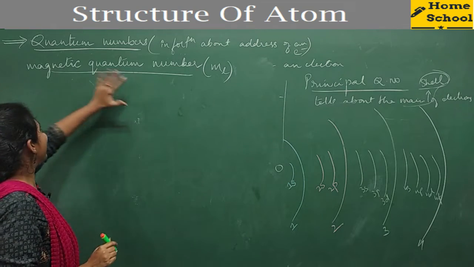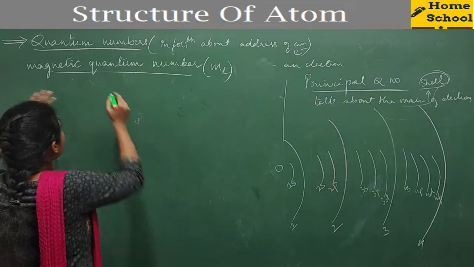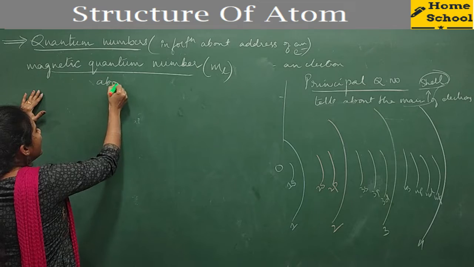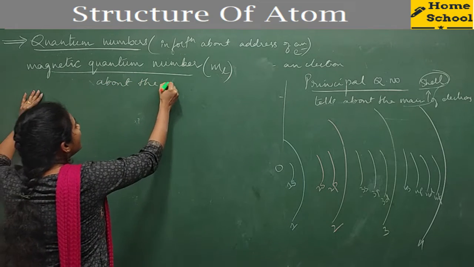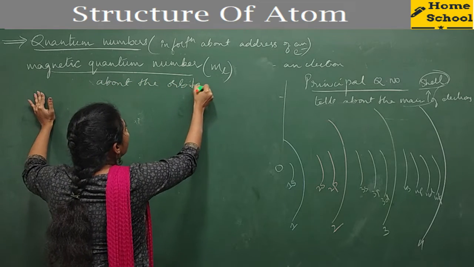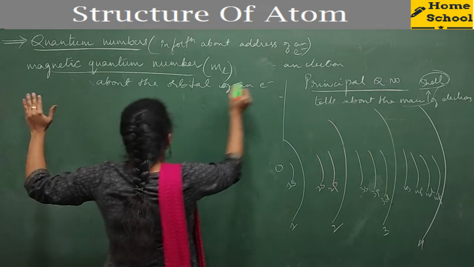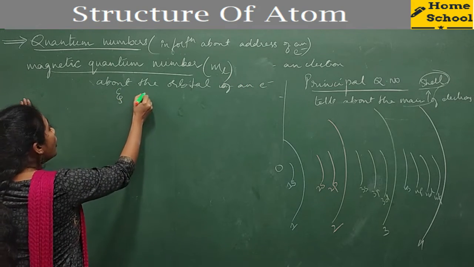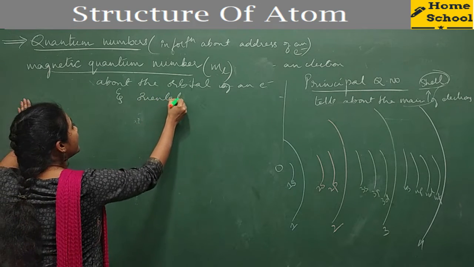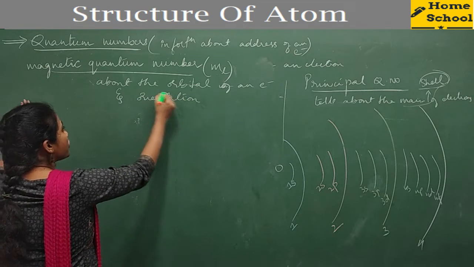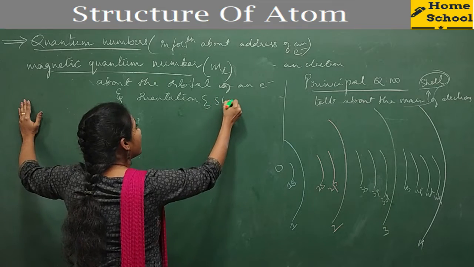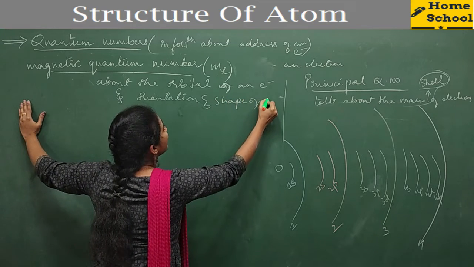So what I can write here: the magnetic quantum number tells about the orbital of an electron, and also the orientation and shape of an orbital.